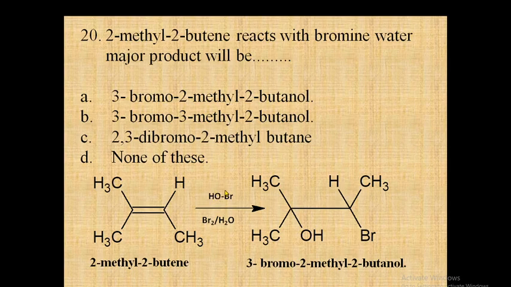According to Markovnikov's rule, Br will attach to that carbon which has more hydrogens, and OH attaches to this carbon. Therefore the product you are getting here is this one. The name of this is 3-bromo-2-methyl-2-butanol, and therefore answer A is correct.